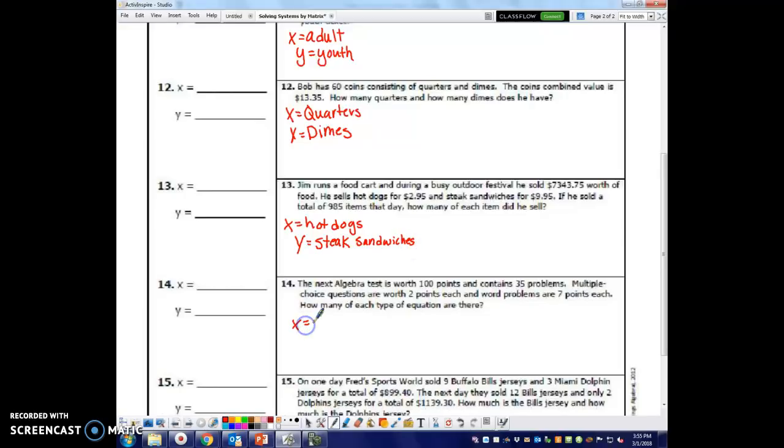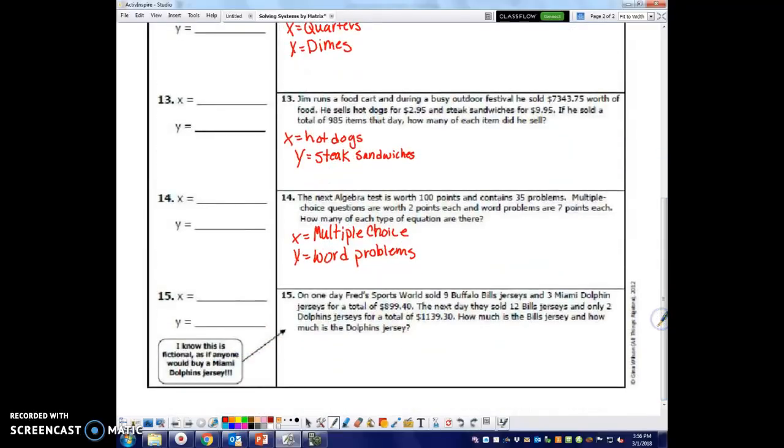Here, X will be multiple choice. And Y will be word problems. Okay, and the last one, X will be Bills jerseys, and Y will be Dolphins.